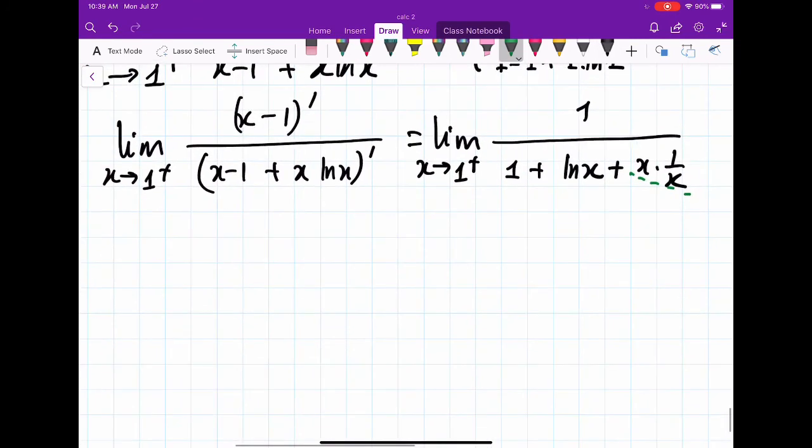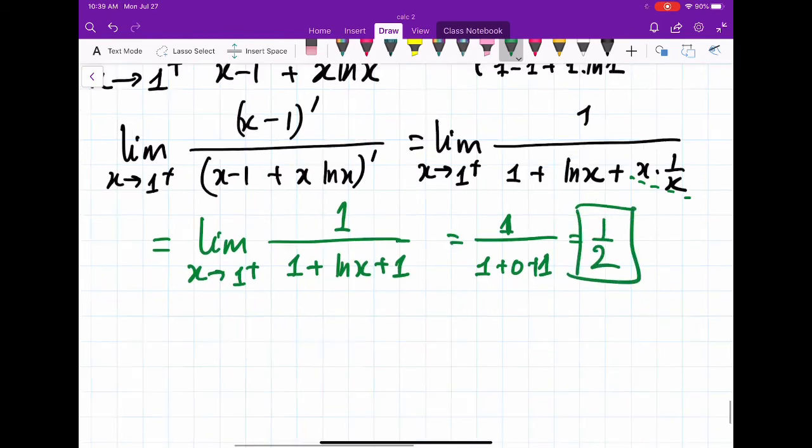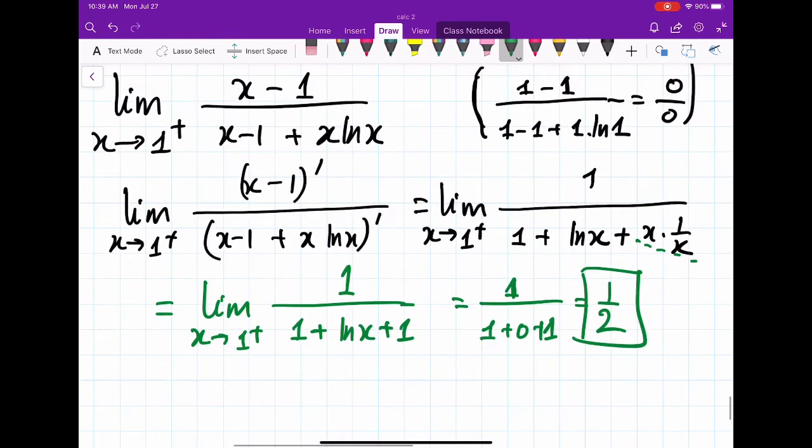X approaches 1 plus. So I simplify this part. I will get equal to limit 1 over 1 plus ln of x plus 1, x approaches 1 plus. And you plug 1 into the function, you will get 1 over 1 plus 0 plus 1, which is 1/2. Perfect. We are almost done. So the limit of this guy is equal to 1/2.